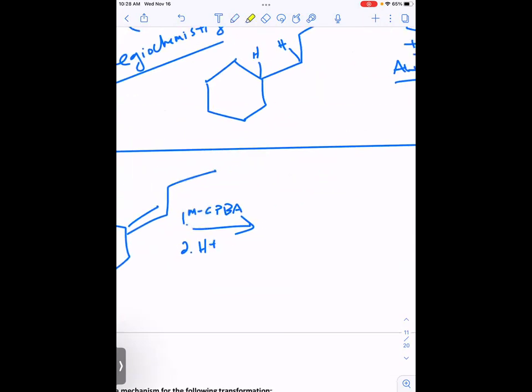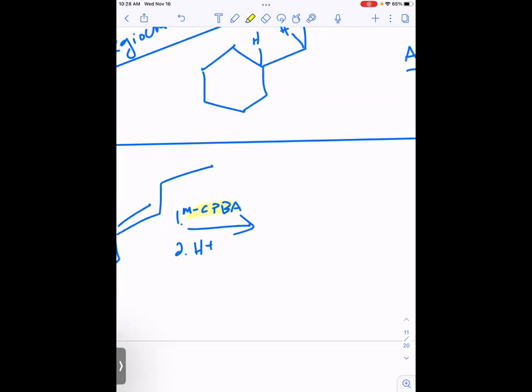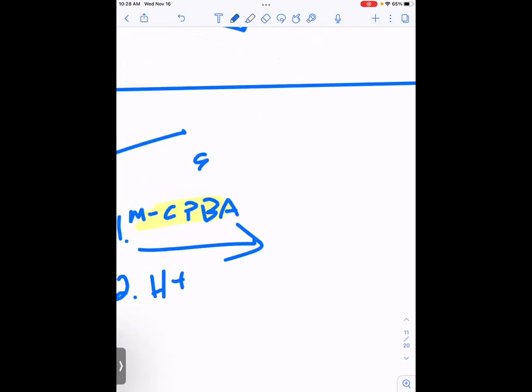This set of reagents does what we call epoxidation. An epoxide is a special type of ether. If you remember from when we studied functional groups, we studied ethers and we studied esters and all types of stuff, right?